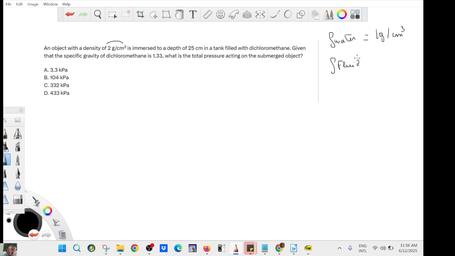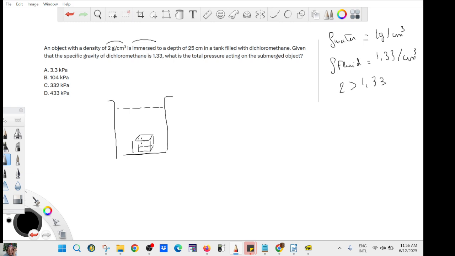But you see that 2 is larger than 1.33, so that object here is sinking. And then it says immersed. So you can think of that as being at the bottom here. You have your object here and it's totally immersed, totally at the bottom.